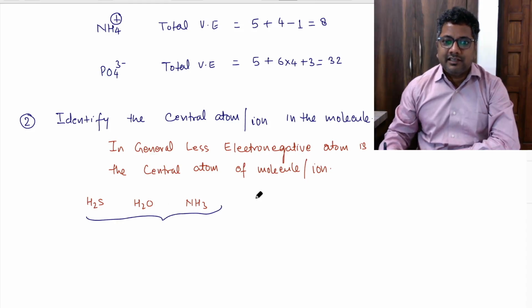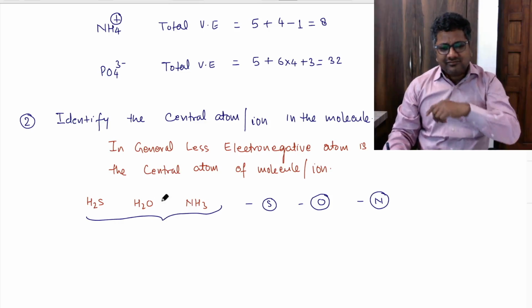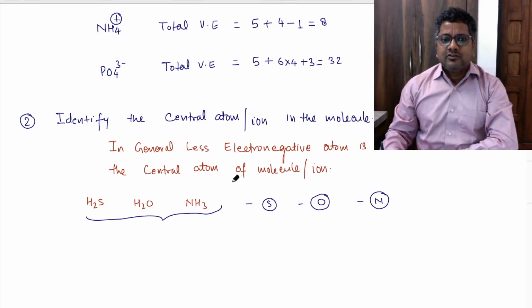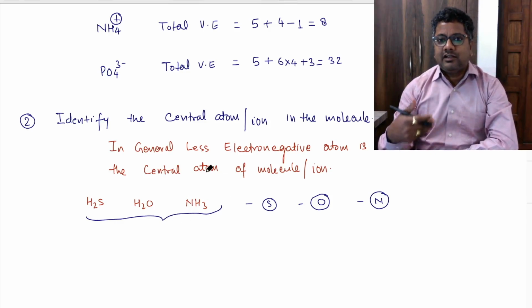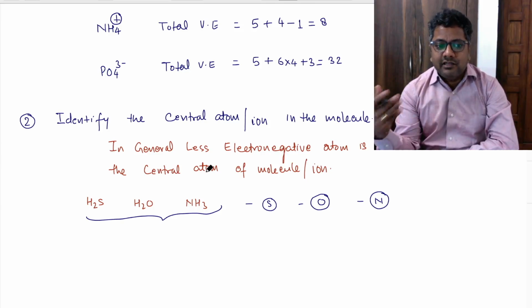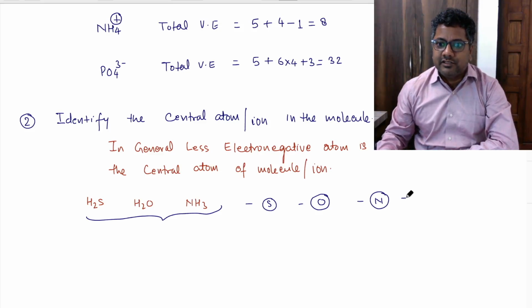So in the first case sulfur is the central atom, in the second case oxygen is the central atom, and in the third case nitrogen is the central atom. But they are more electronegative here, and except for these, in the rest it is okay. So you can use the second definition I have stated, that the central atom is less in number. So these are exceptions to the general statement, right?